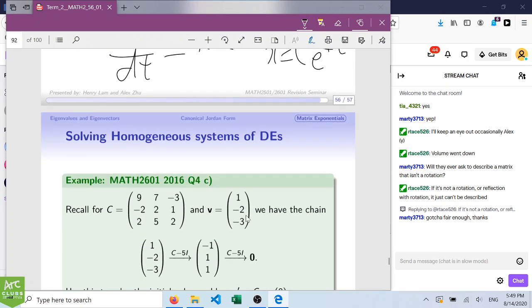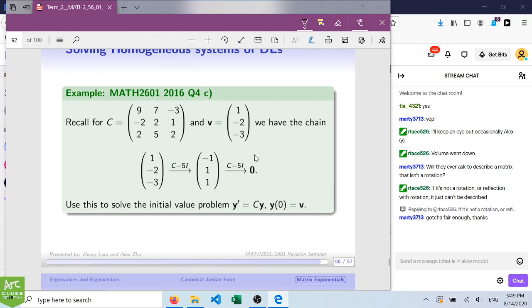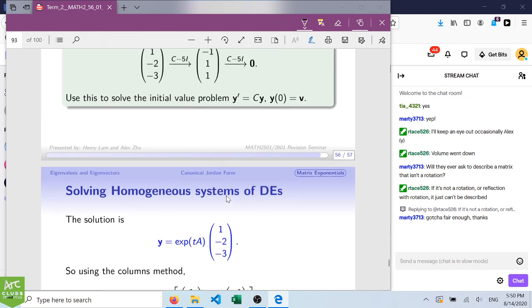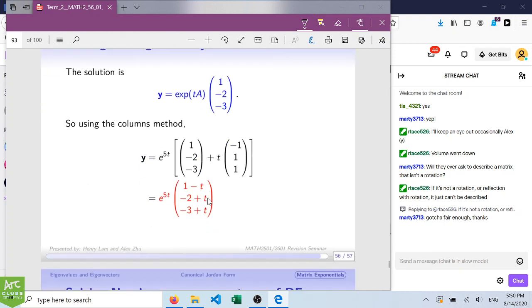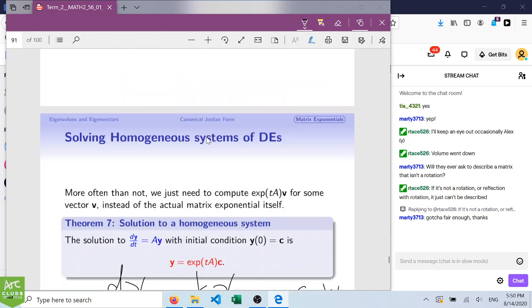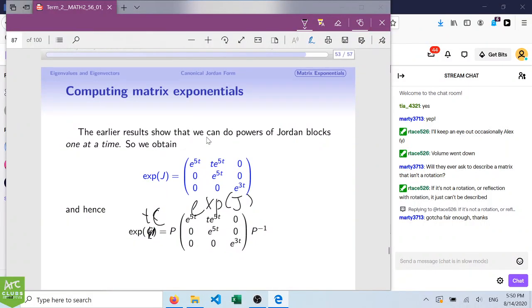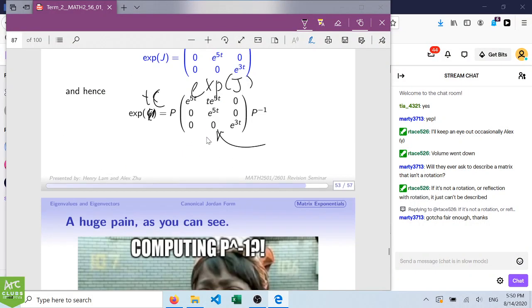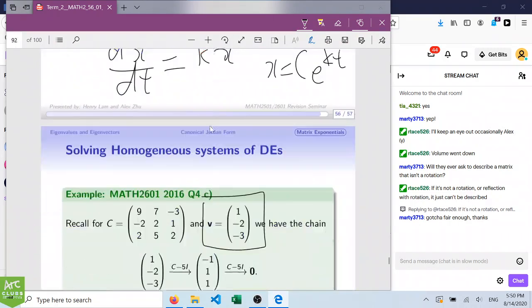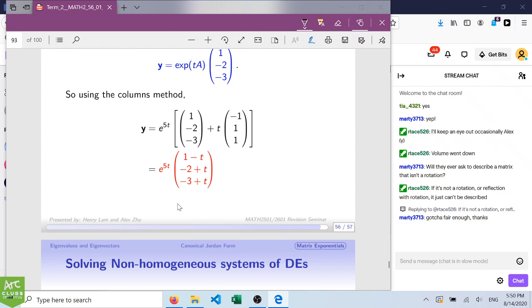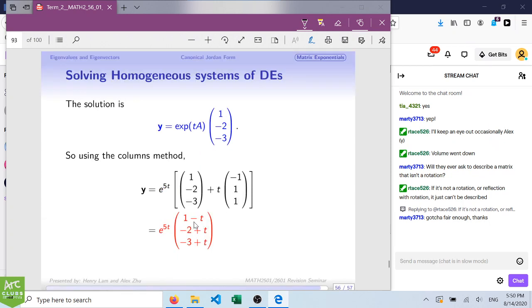Since we know that the initial condition is in fact this generalized eigenvector, we can just plug it right in. Now the exponential of tA is already calculated, because we know that this matrix is in fact this thing. So we just need to multiply it together, and you'll end up with this solution over here.